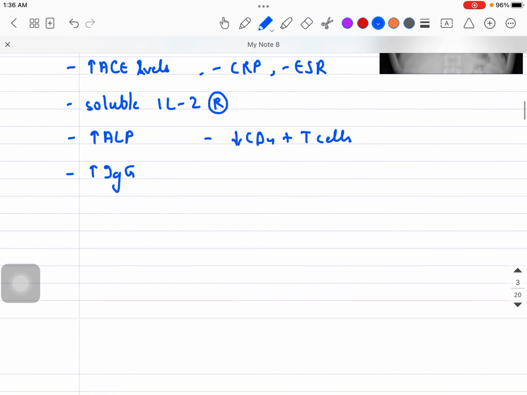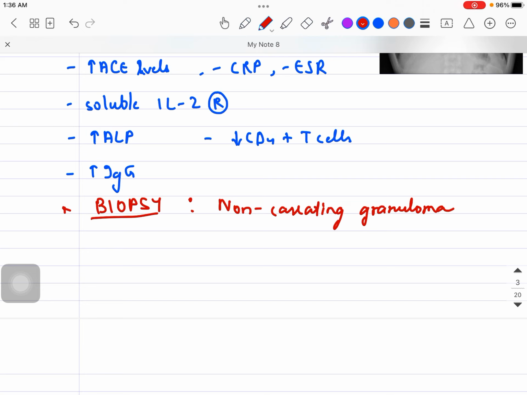At last, we can actually confirm that with the help of biopsy, guys. Very important point I'm writing, biopsy. If you are seeing some lesions, and that biopsy is showing you the noncaseating granuloma, highlighting it again and again, noncaseating granuloma, again it is showing sarcoidosis, right?